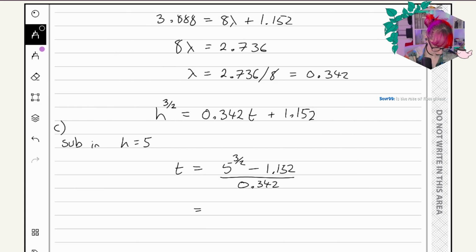Five to the power of 3 over 2 minus 1.152 all over 0.342. If I could type on the calculator, that would help. 0.342.